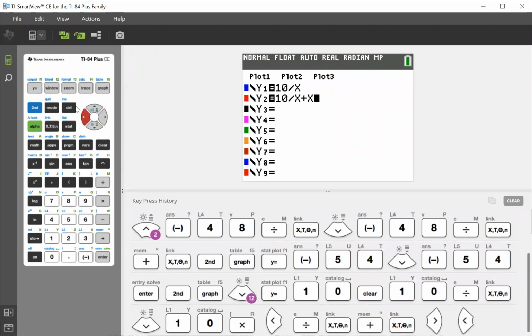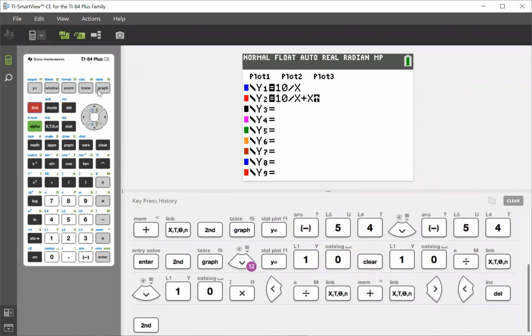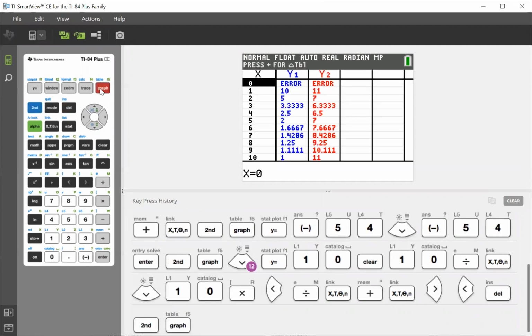Delete this one off. Okay, we want to look at our table. And remember that on our table, we were wanting it to add to be 11. So here's the 11, and here's 11 up here, and the two numbers are 10 and 1 on both of those.